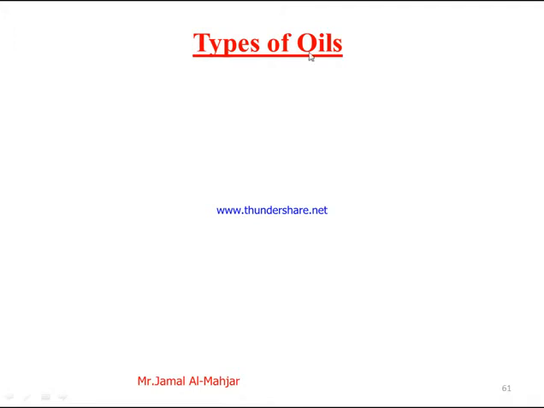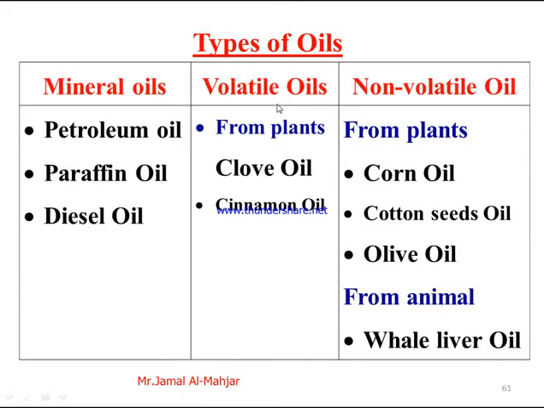How many types of oil do we have? We have 3 types of oil: mineral oils, volatile oils, and non-volatile oils. The first one, mineral oil, we call them petroleum oil or paraffin oil or diesel oil.